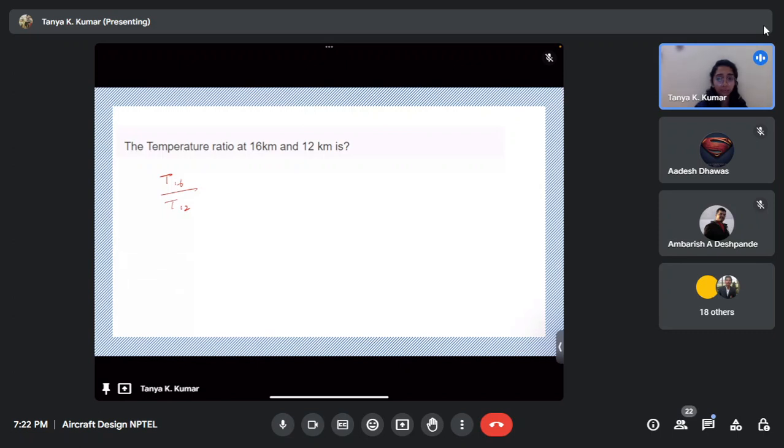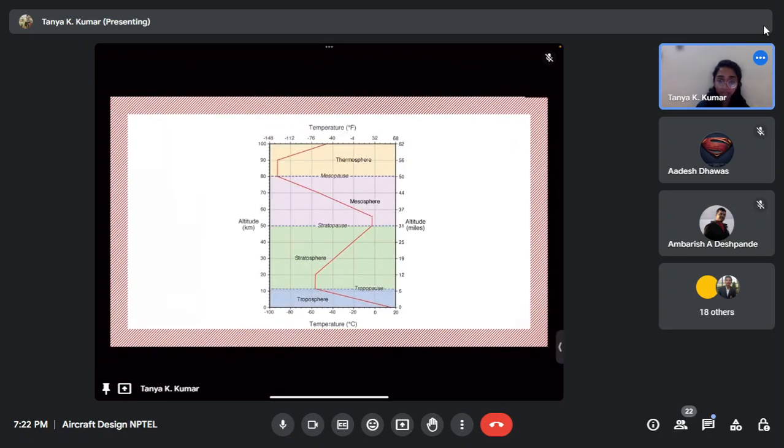Do you remember the standard atmospheric model? Okay, so this was the model. If you look at this, can you tell me the ratio between temperature at 16 and 12?